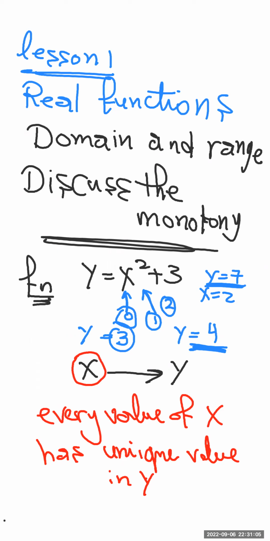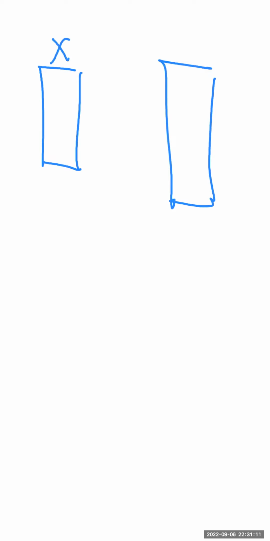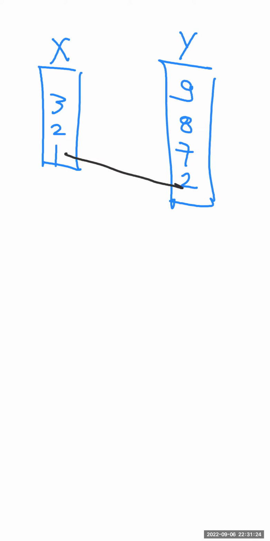So if there is a relation like this, represented by an arrow diagram, which we studied before, x and y, here 1, 2, 3, here 2, 7, 8, 9, for example. After getting the set of the relation, it becomes like that. One arrow from 1 to 2, from 2 to 8, from 3 to 9.